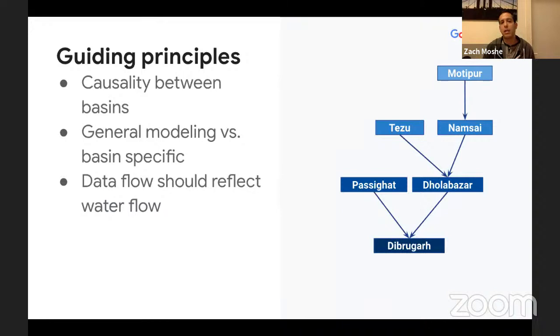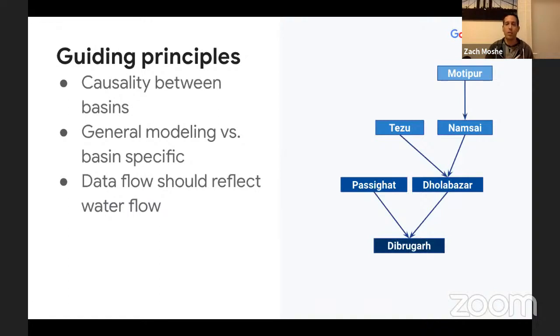The second thing is that we believe some of the hydrological modeling can be shared between all the basins. Although they are different, although the water levels and their behavior are different, because one could be in a mountain and the other in a very flat area, or the soil type could be different, we still believe that some part of the modeling should be shared.